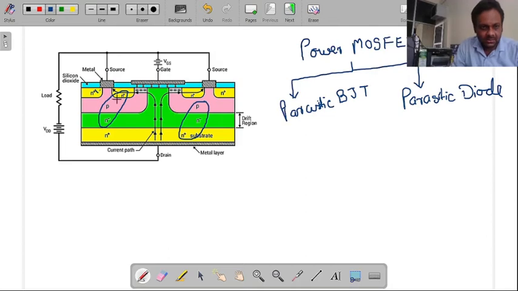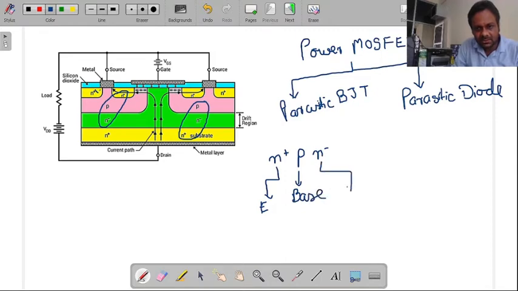Let us consider this parasitic BJT first. So we have the N plus, P and N minus. Here this N plus is your emitter, P is your base and N minus is your collector.